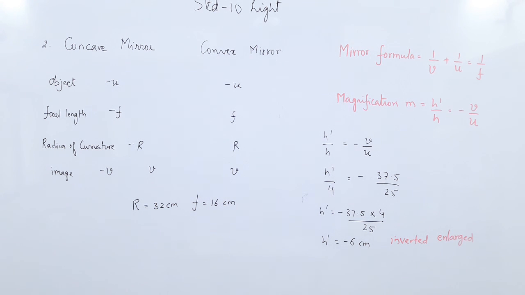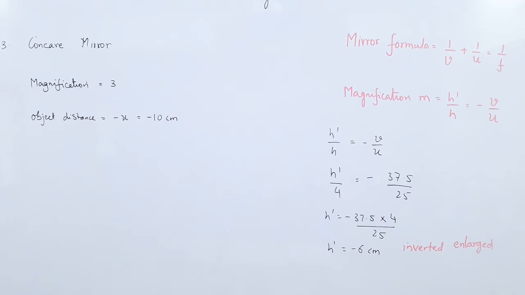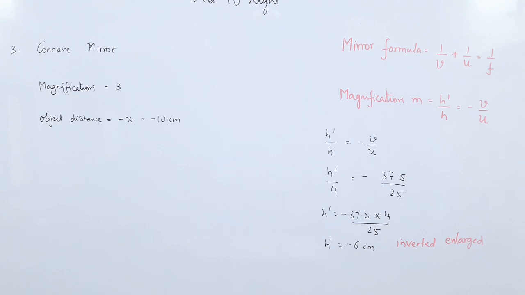Okay. Now the next question we'll see, because this is of a different type. So here we have another question. A concave mirror gives a magnification of 3 when the object is placed 10 centimeter in front of the mirror.